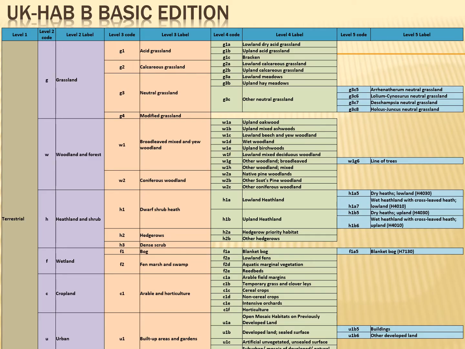So this slide shows the hierarchical levels of the UK Habitat Basic Edition. As you can see, there's level 1 terrestrial, level 2 goes down to woodland, grassland, and so on. Level 3 then splits the categories into a bit more detail, and then level 4 further detail, and eventually to level 5.